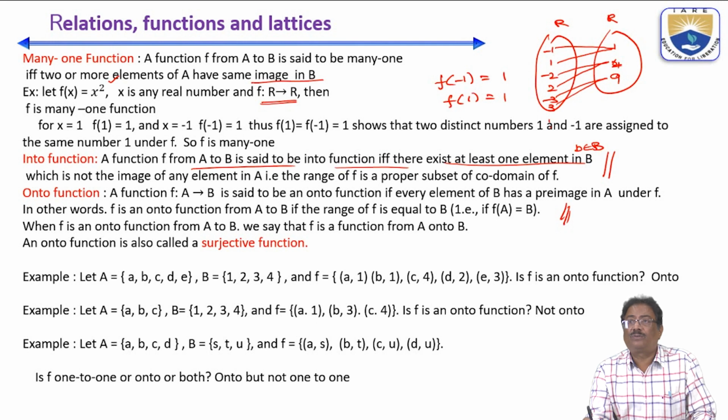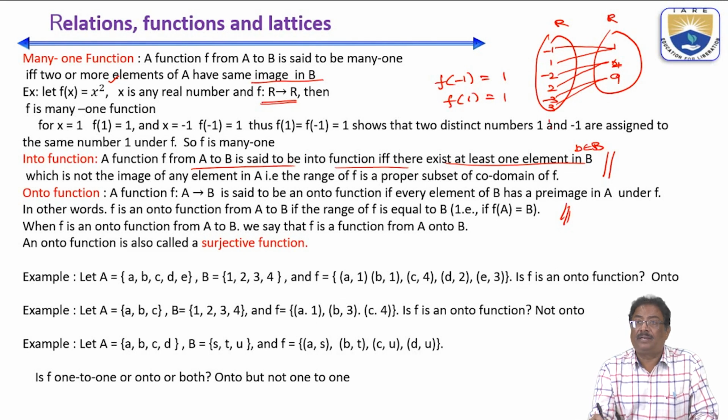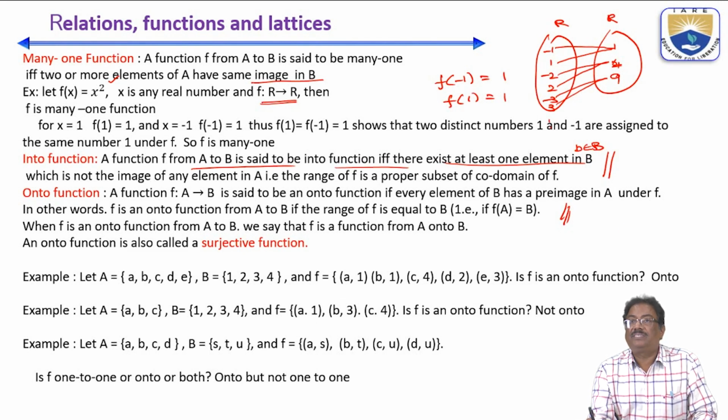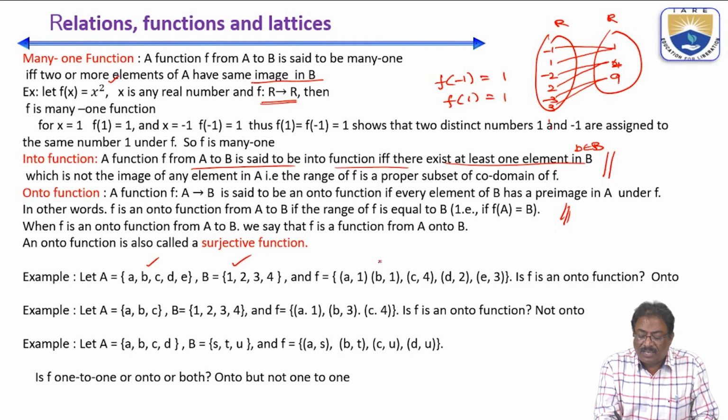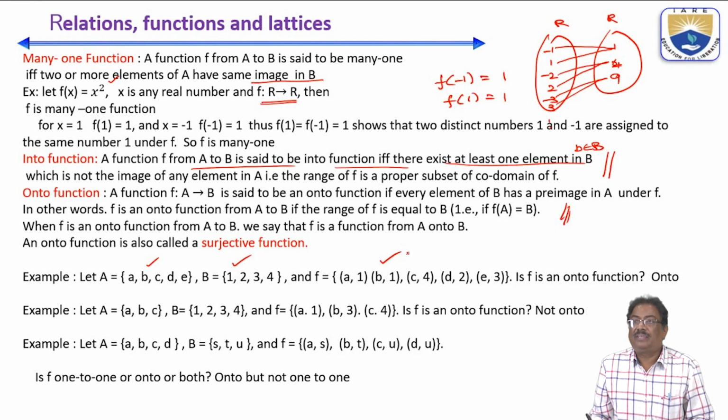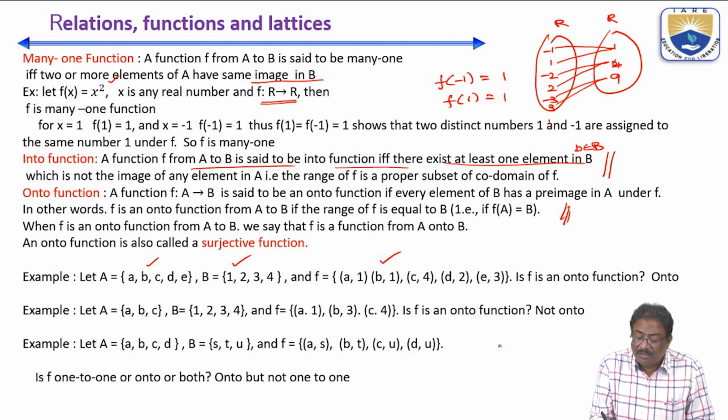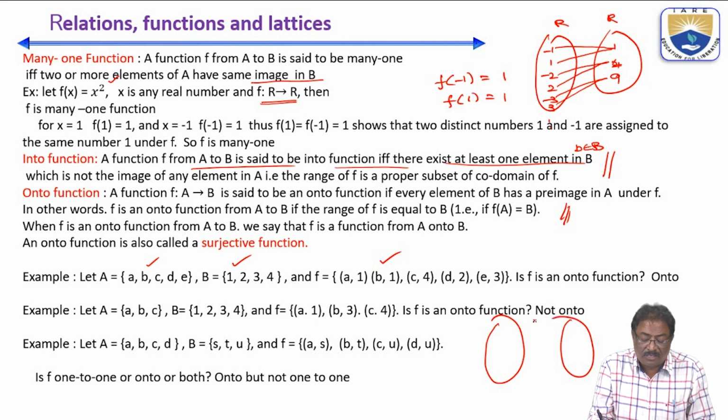Otherwise it is an onto function. That means every element in B has a pre-image, then that is known as an onto function. Suppose A and B are two sets and f is a function. Now we have to verify whether this function is onto or into.